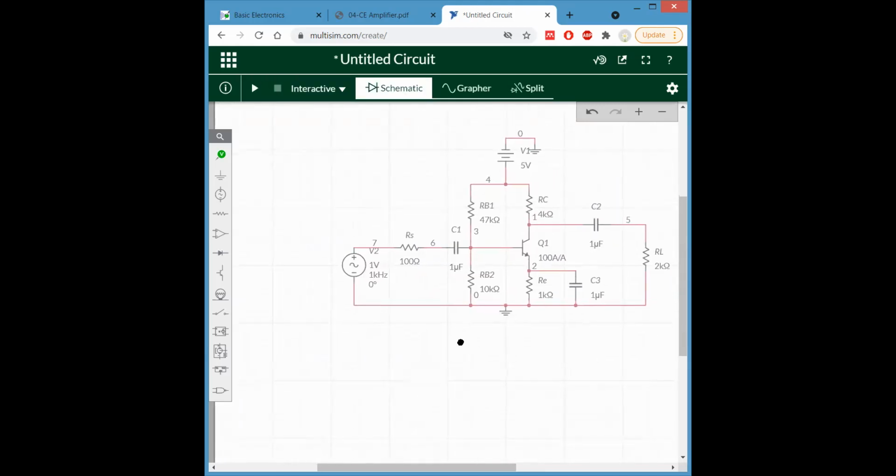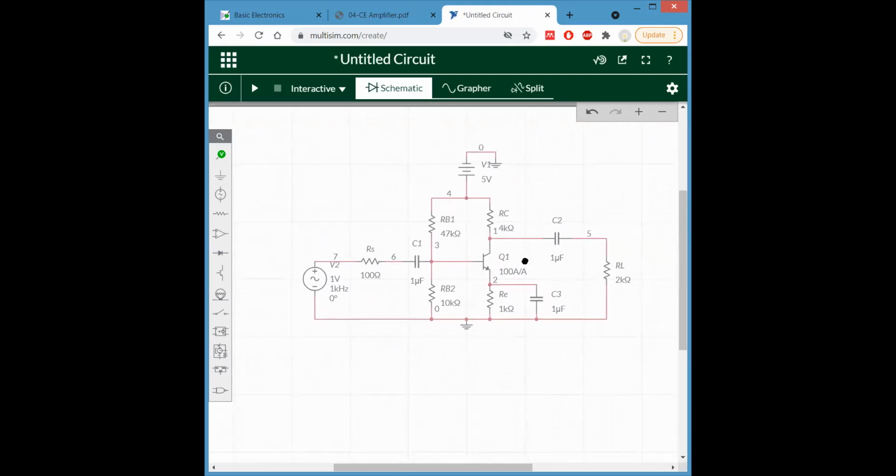Now I think we are done with the signal part, that is, the AC part. Initially this was the DC or biasing part, and now the capacitors and these things with the source AC signal are similar to an AC source.